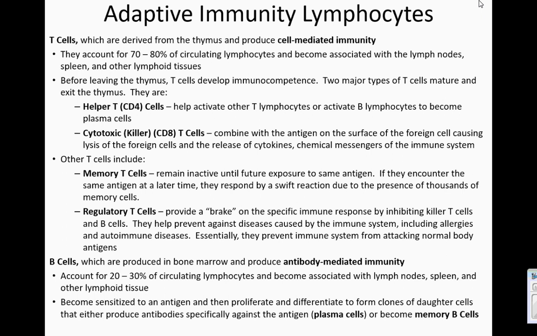T cells, short for T lymphocytes, are called that because they are derived from our thymus, T for thymus. They actually are produced in the bone marrow, but then, as we learned the other day, develop that immunocompetence in our thymus. We call B cells or B lymphocytes B cells because they're produced in our bone marrow. So I think B begins bone marrow.